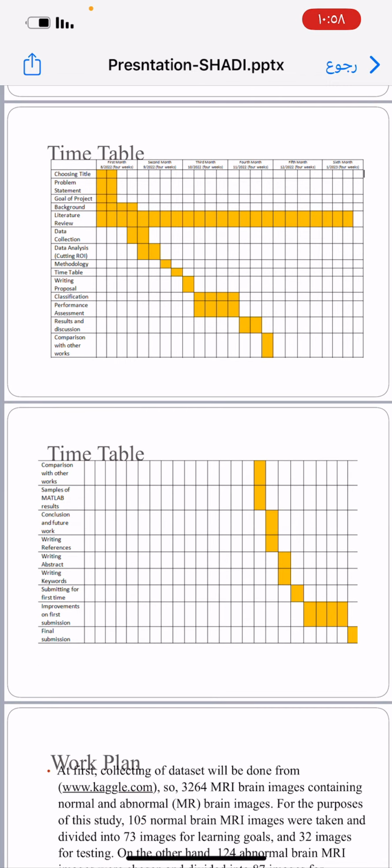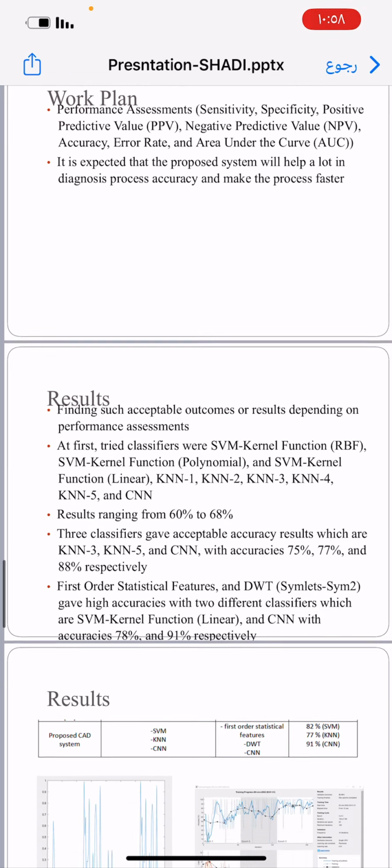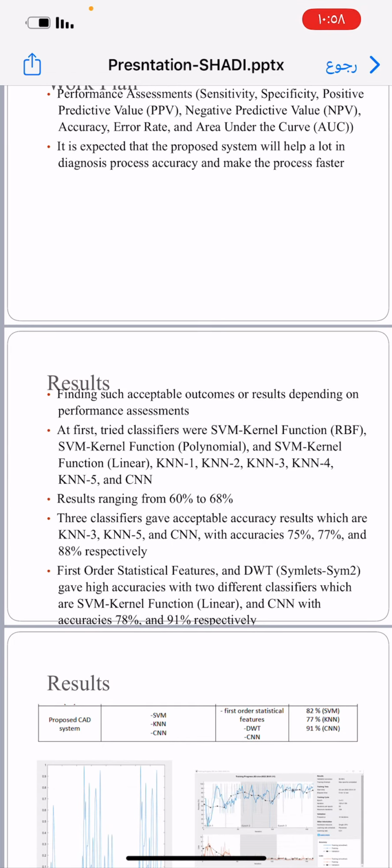This is a timetable, as well as a work plan. As I mentioned, firstly we have to get the data set, followed by getting a region of interest through MATLAB, then feature extraction, followed by classification. And we have to do that many times with many classifiers and many feature extraction techniques to reach the best result.